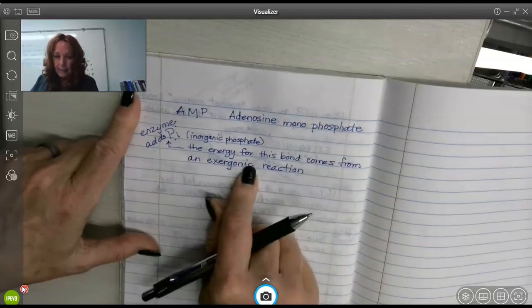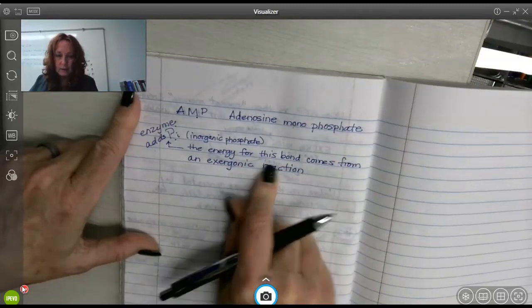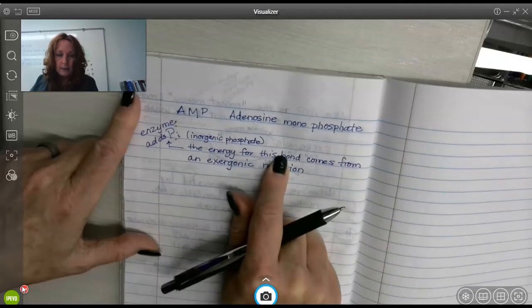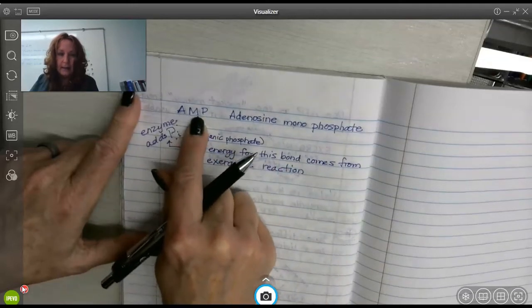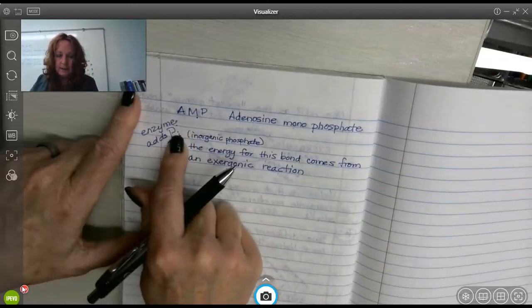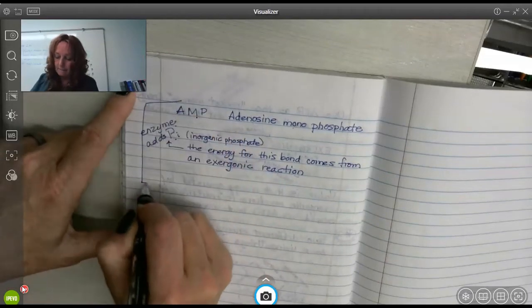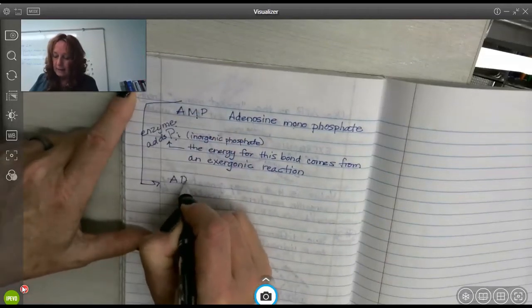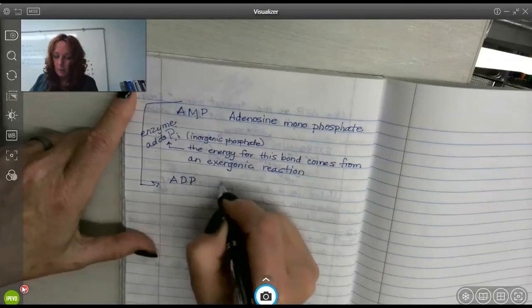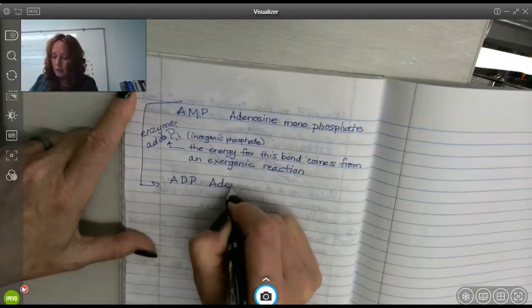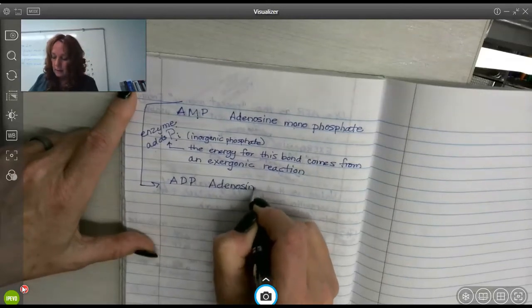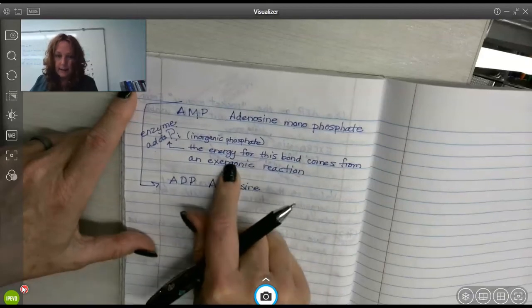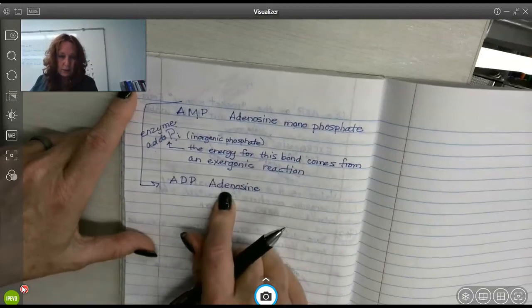So we capture that released energy into a bond, and we go from AMP plus a phosphate to ADP, which is now the same nucleoside, adenosine, which is adenine plus a ribose.